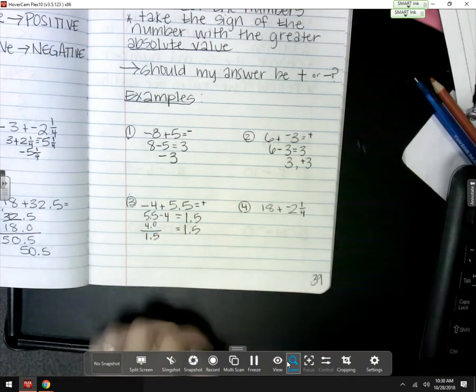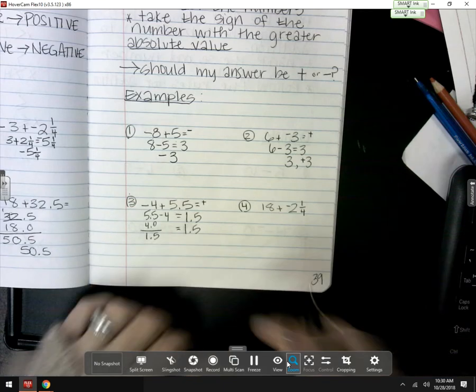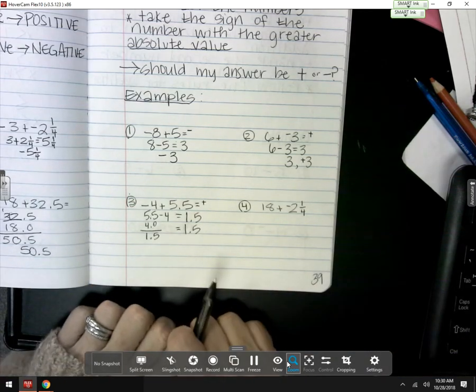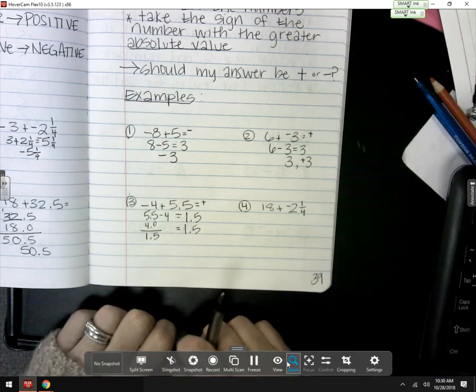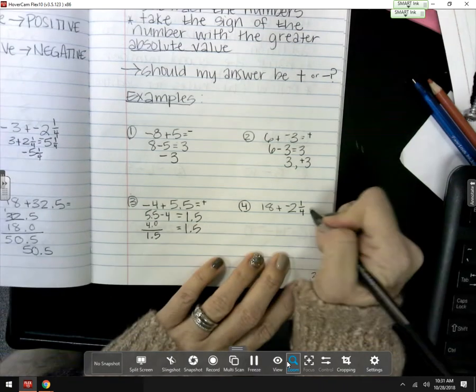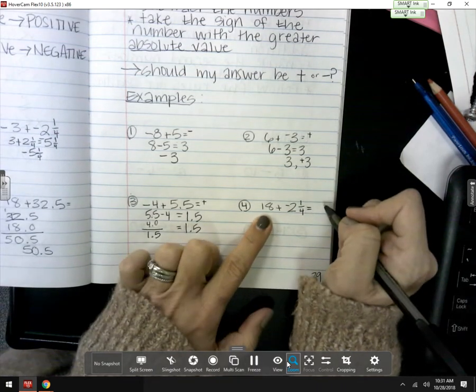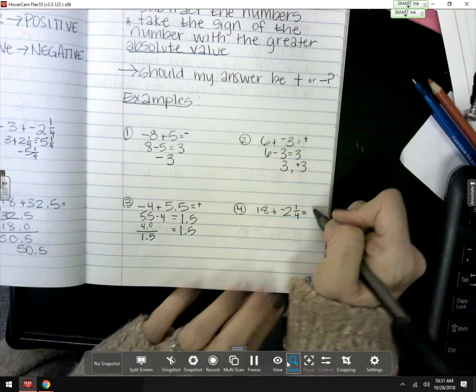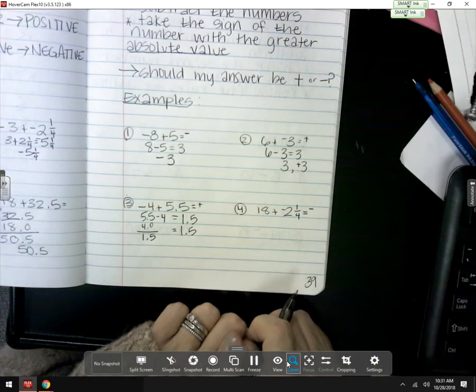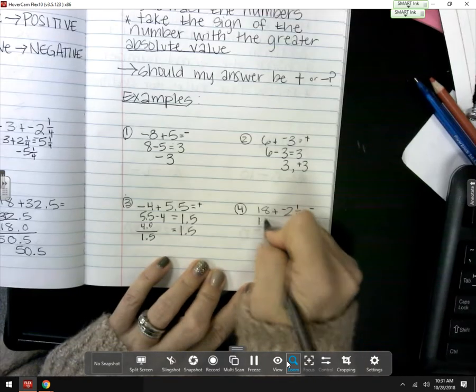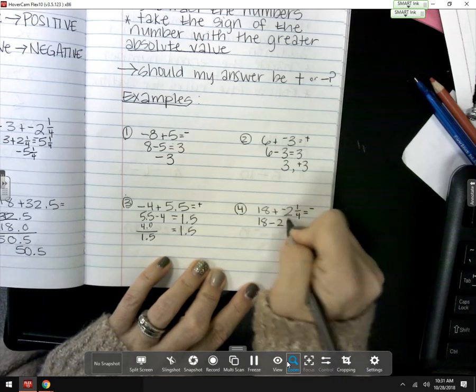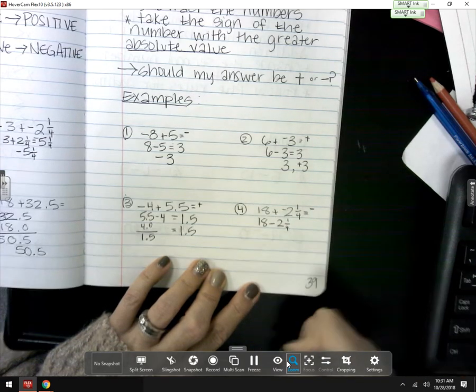Last one. Oh, you should have known it was going to be a fraction. Okay, so I've got 18 plus -2 1/4. And I know 18 is way bigger, so my answer is going to stay positive. So I'm going to do 18 take away 2 1/4.